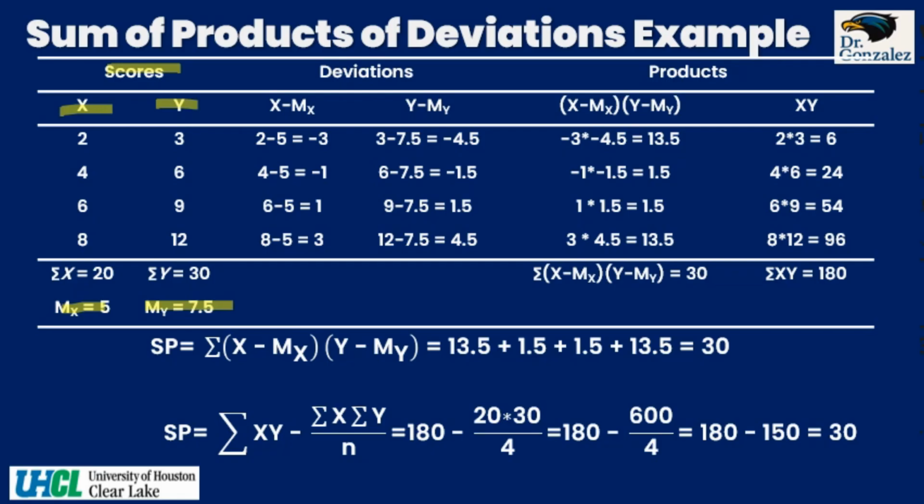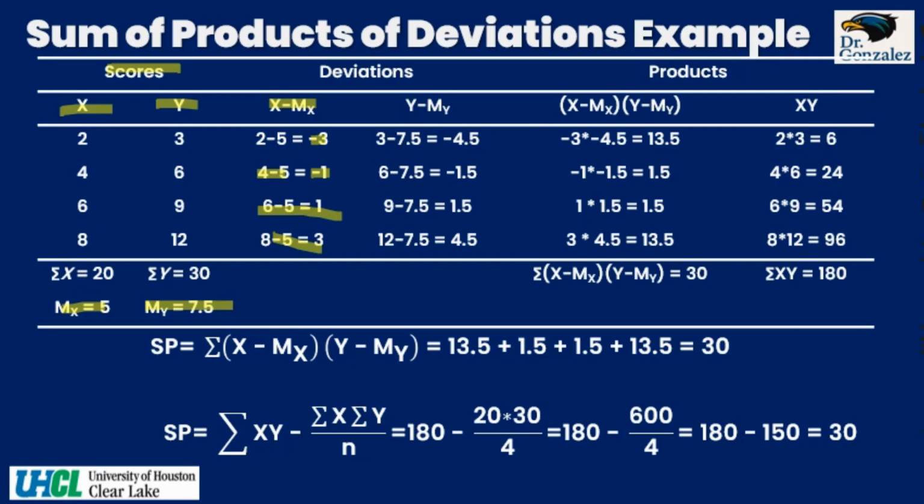So I can calculate x minus the mean of x. 2 is my x; my mean was 5. 2 minus 5 gives me negative 3. Here I have my x, 4, minus my mean sub x. 4 minus 5 gives me negative 1. And I can continue that all the way down.